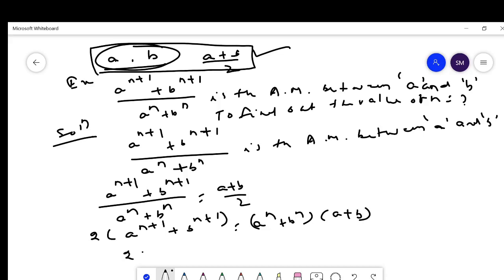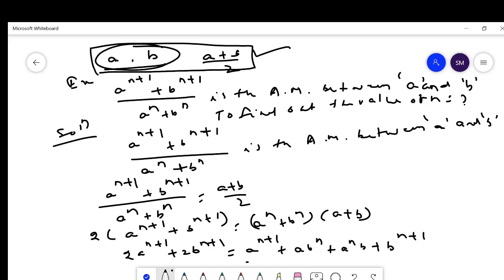Which shows that 2 into A to the power n plus 1 plus 2 into B to the power n plus 1 is equal to A to the power n plus 1 plus A B to the power n plus A to the power n B plus B to the power n plus 1.